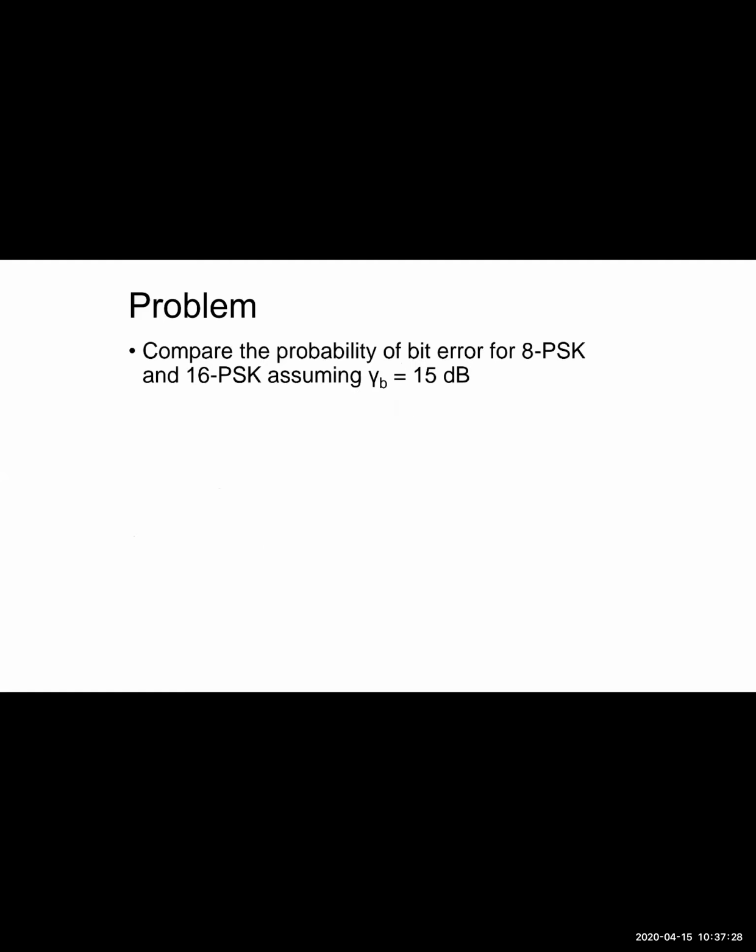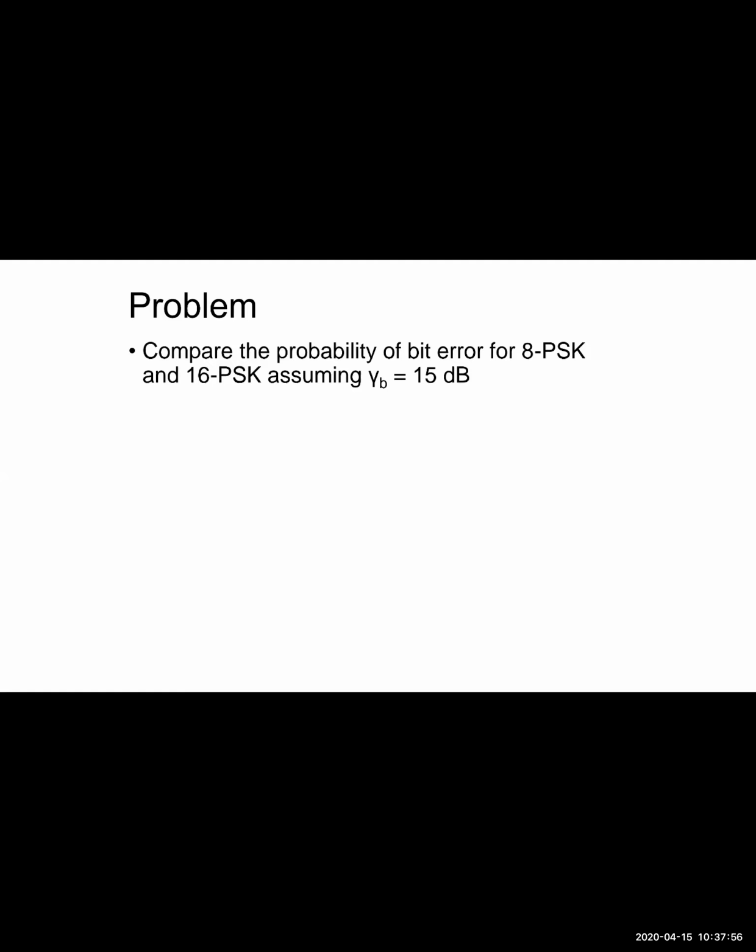Okay, so this is a problem for you. We're supposed to compare the probability of bit error for 8 PSK and 16 PSK, assuming gamma B to be equal to that. In this analytical case, we are only picking one gamma B, but in analysis, as you will see shortly in a graph, gamma B will be what?